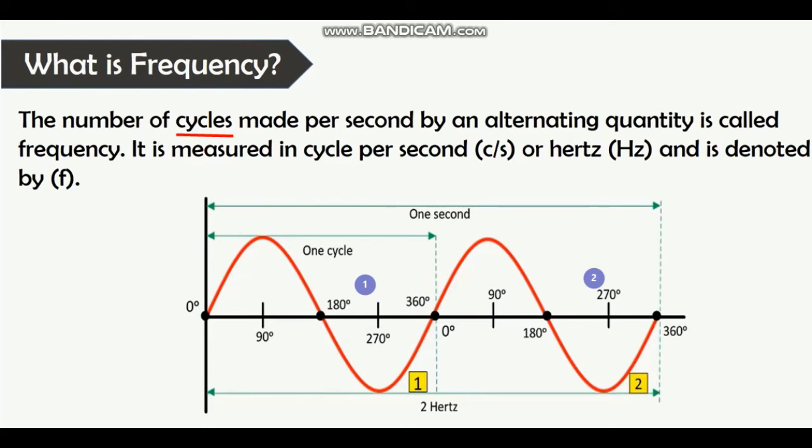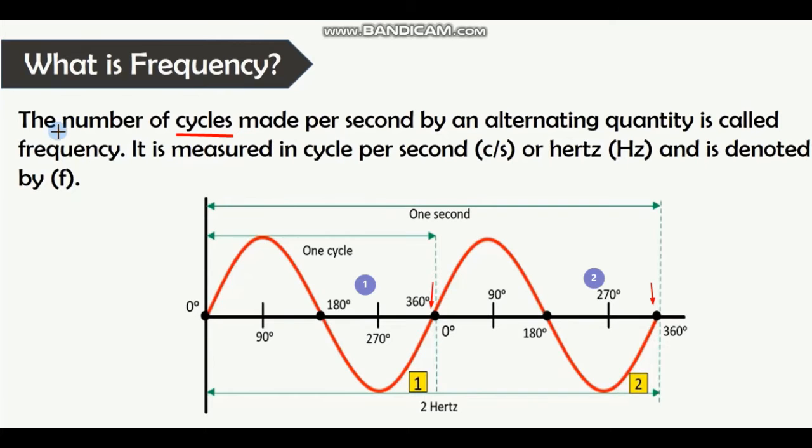Here we have 180 degrees. So when the wave has 180 degrees, one half is positive and the second is negative. This will complete one cycle, and then we have another cycle that finishes at 360 degrees.